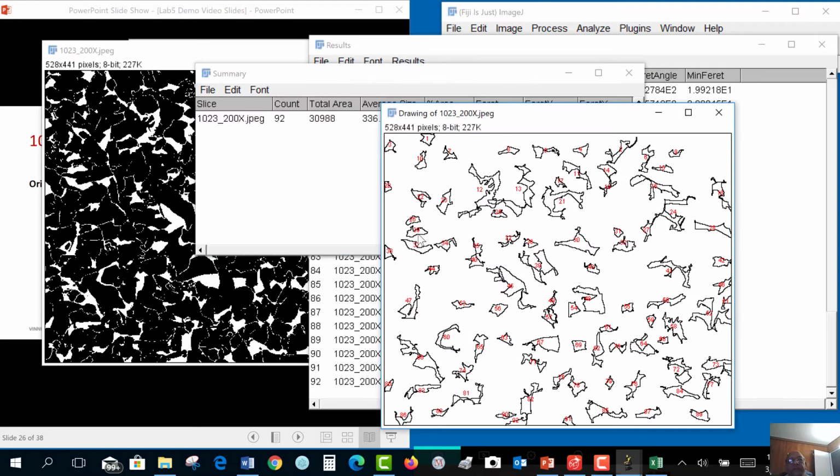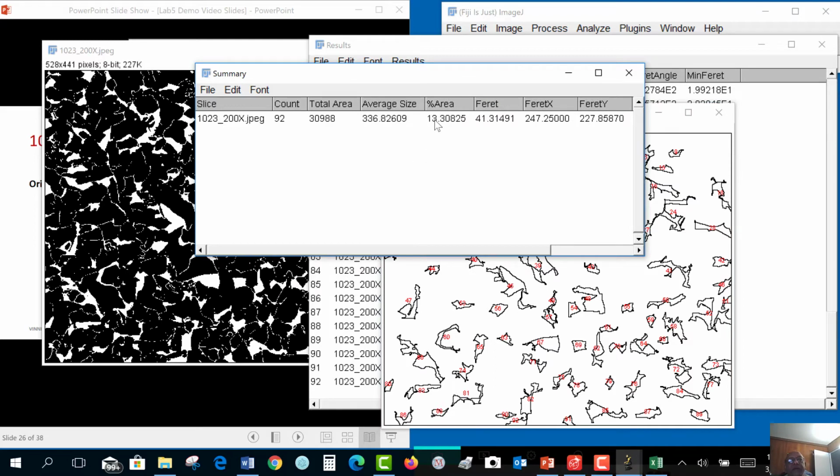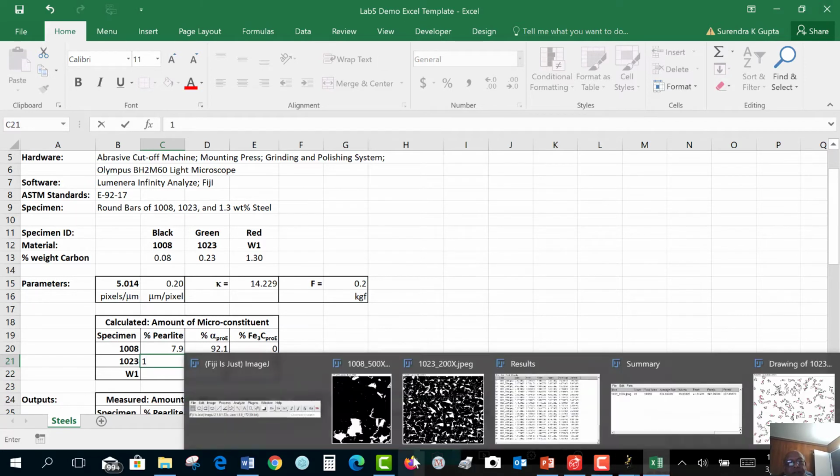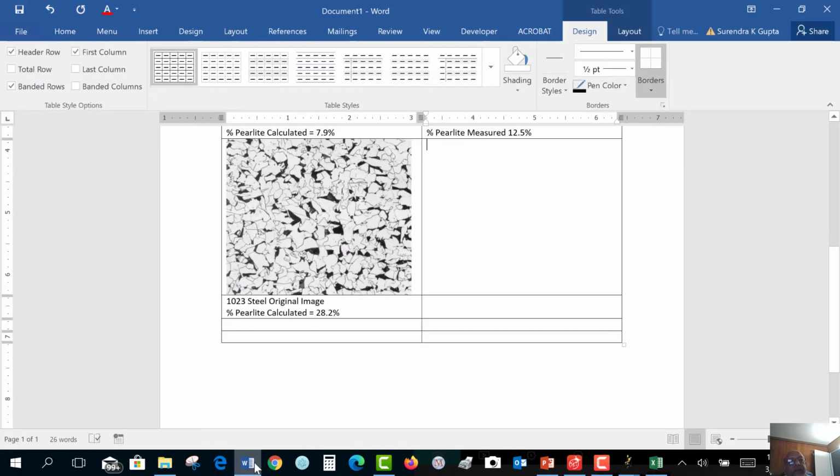Okay. And again, notice that we have not counted all these dots, etc. So this time our percent area is 13.3. So let's go ahead and say this is 13.3. Calculated was, let's see, go back, 28.2.